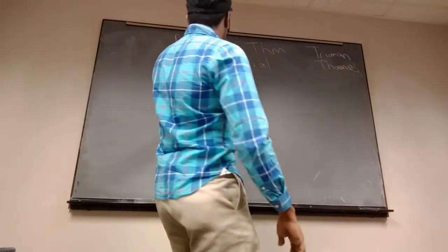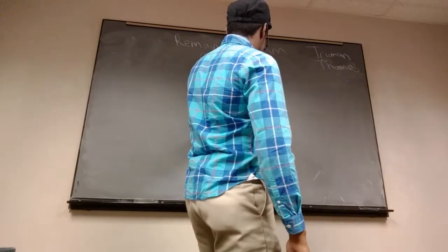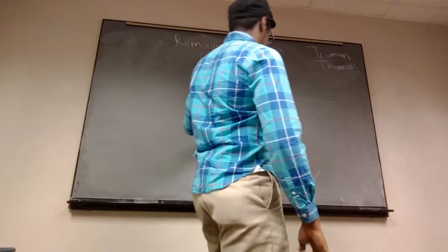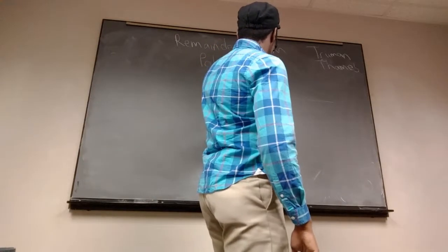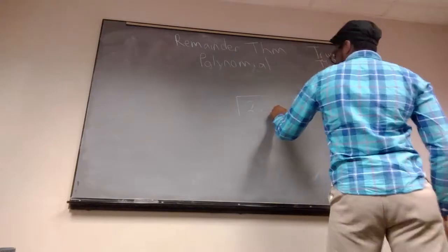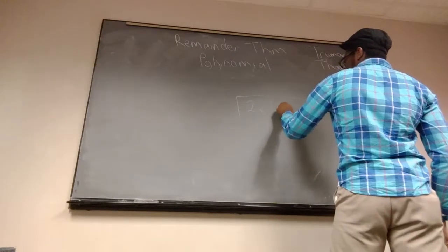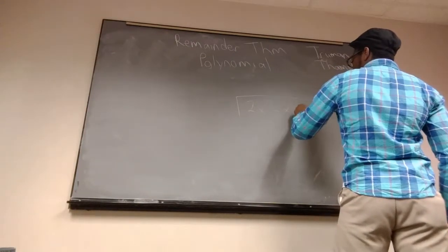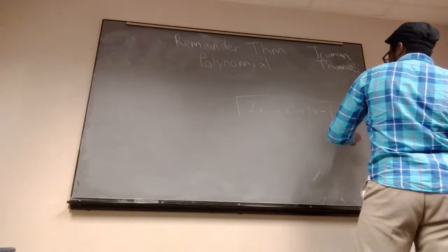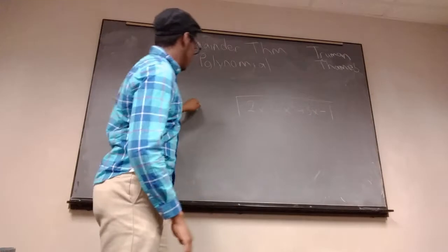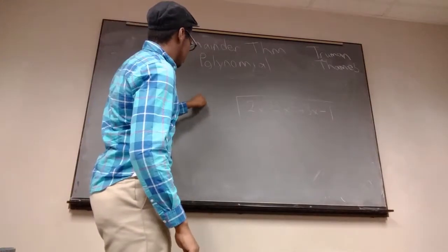So let's take some degree 3 polynomial, so it doesn't take too long. Let's take like 2x cubed minus x squared plus 3x minus 1. That seems reasonable. And we'll take like x plus 2.